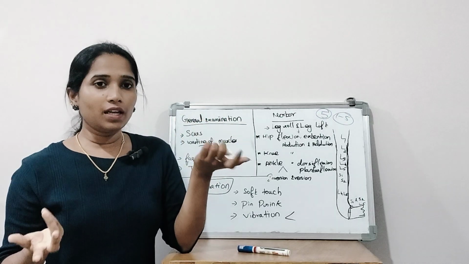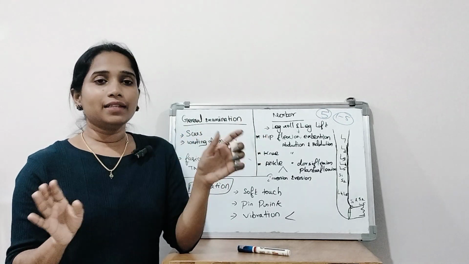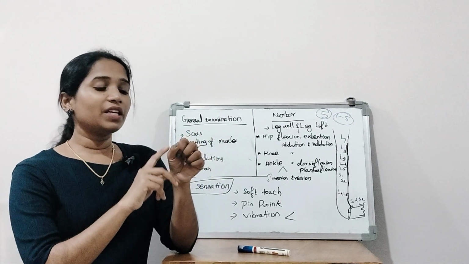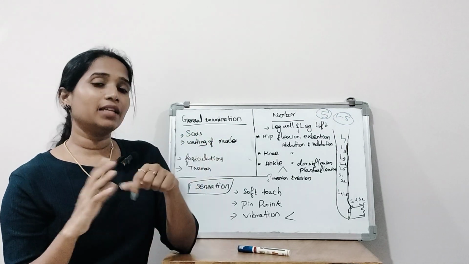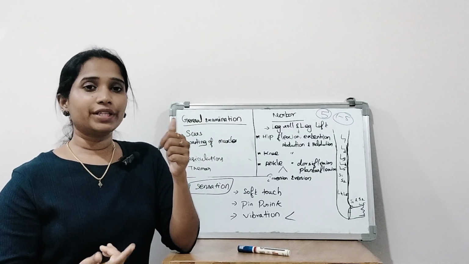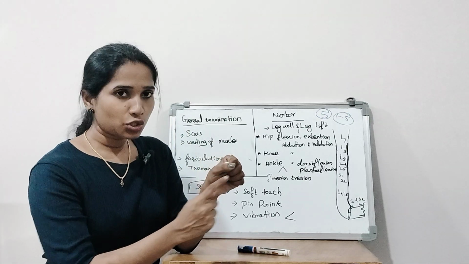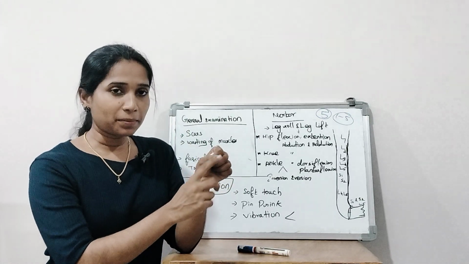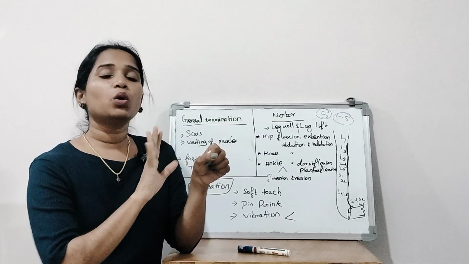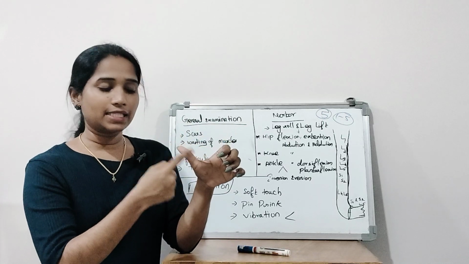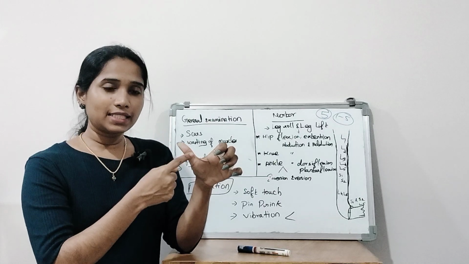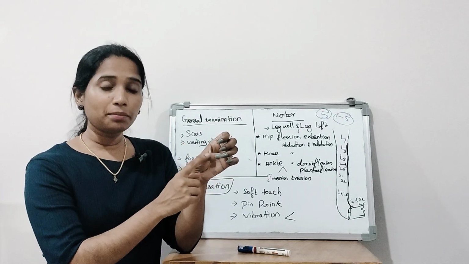If they feel it very well, then you should not go for the distal one. Clear? If they feel it very well at the proximal, then there is no need to go for the distal. If they don't feel it, then you have to go for the distal. This outer part of the toe is called the proximal, and the inner part of the toe is called the distal.